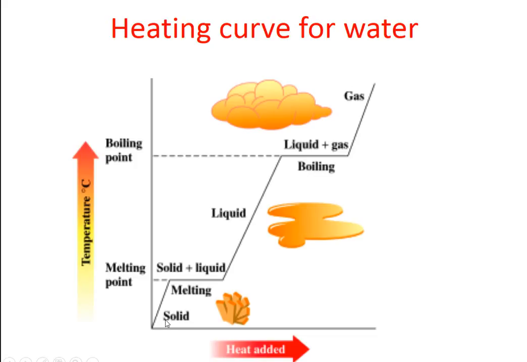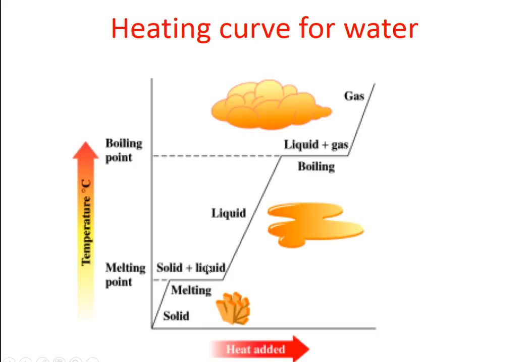So before melting, you only have a solid. At the melting point, you have an equilibrium of solid and liquid. Some ice turns into liquid and some liquid turns into solid. So in this case, we have both solid and liquid at the melting point.